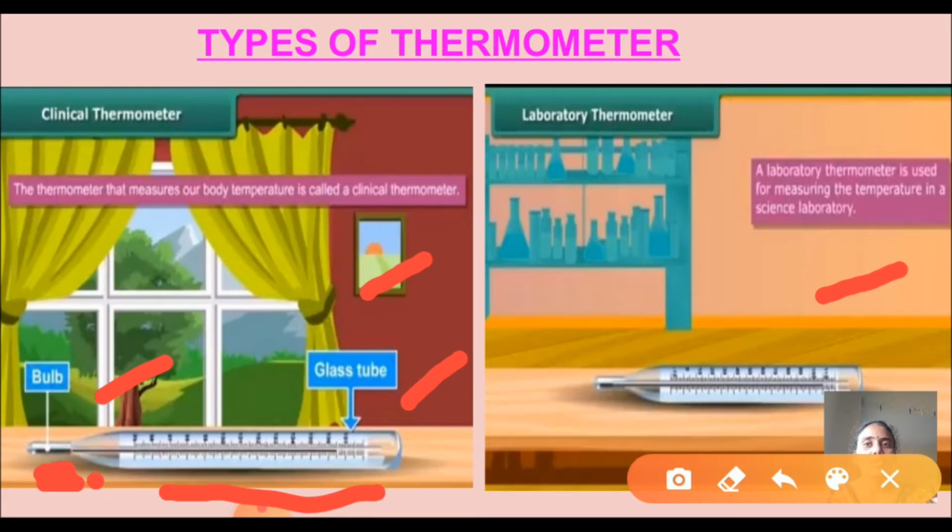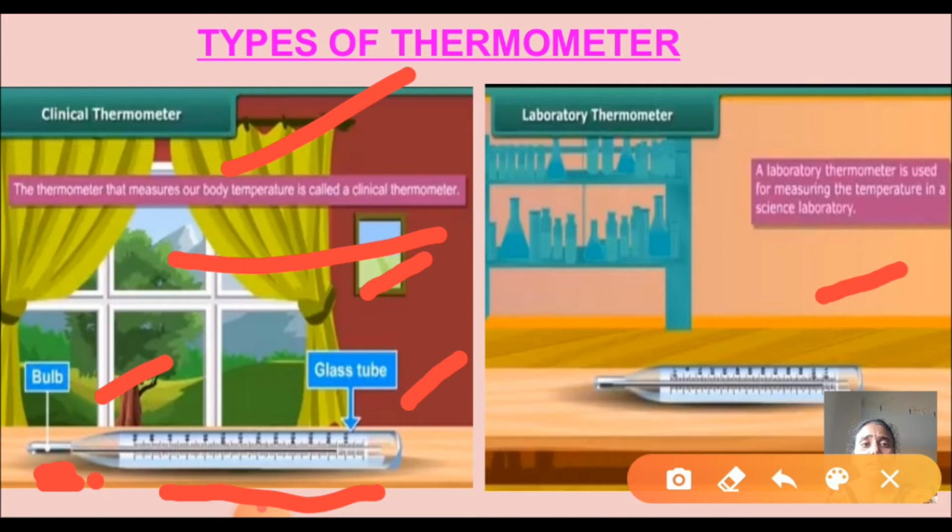It can be used to measure the temperature, our body temperature, and that is called a clinical thermometer. If someone in your family had fever, the temperature was measured by a thermometer, and that thermometer we call a clinical thermometer.